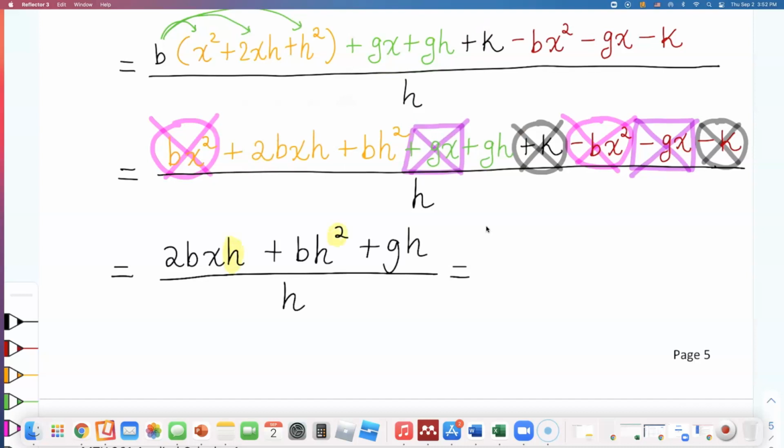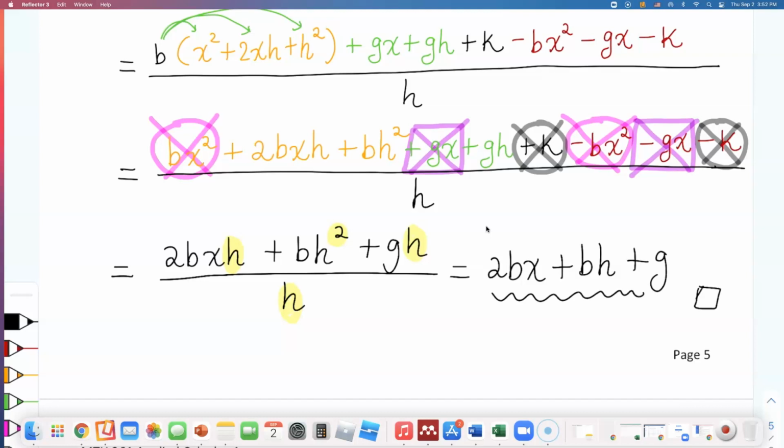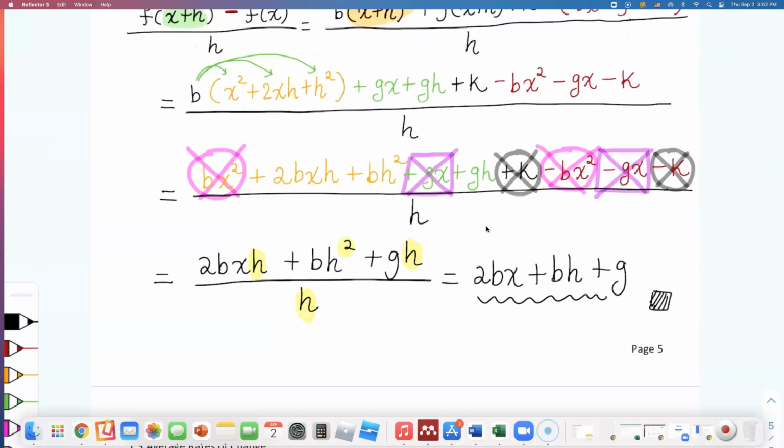This is going to lose one of its h's. And this is going to lose the h. So when you divide each of these three terms by h, your simplified difference quotient will be 2bx plus bh plus g. And that is the difference quotient for this odd-looking trinomial quadratic function.